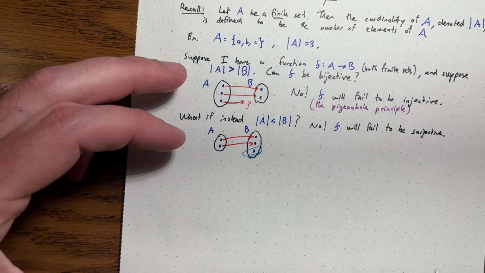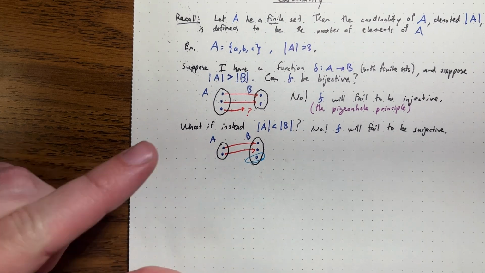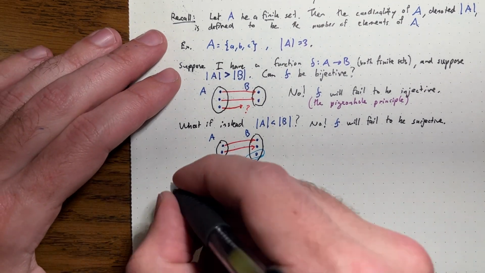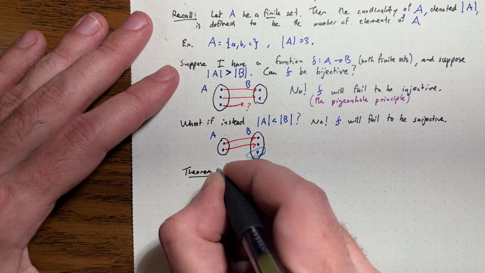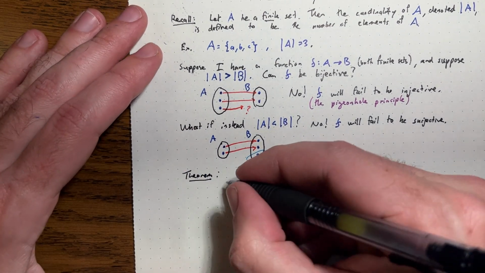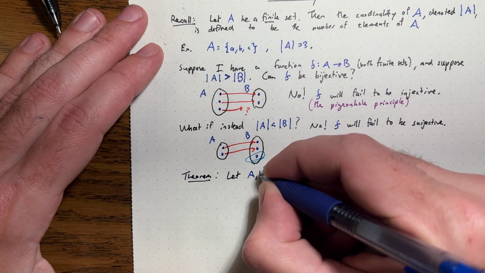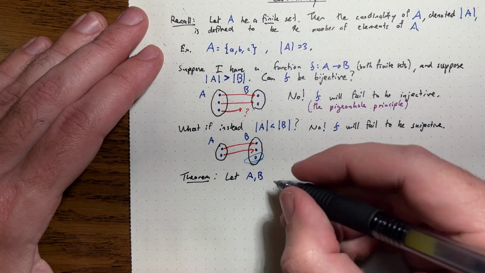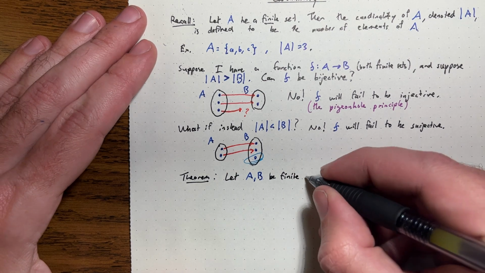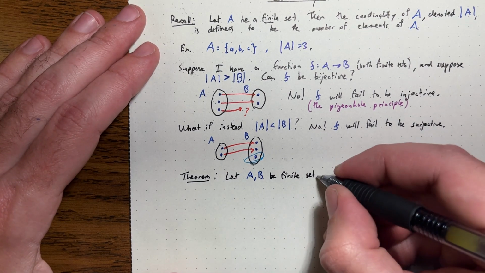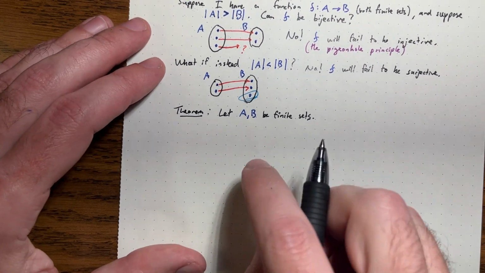Okay. So it looks like the only chance of creating a bijection between 2 finite sets is if their cardinalities are exactly equal. And in fact, there's an even better theorem. These are equivalent in some sense. So let A and B be finite sets. Always want to emphasize the finite part. This theorem is absolutely not true if they are infinite sets. So we're going to start with finite sets, but that's what we're going to segue into after this. We're going to start looking at some infinite sets.